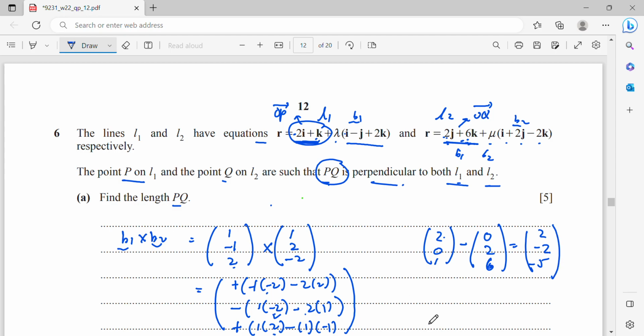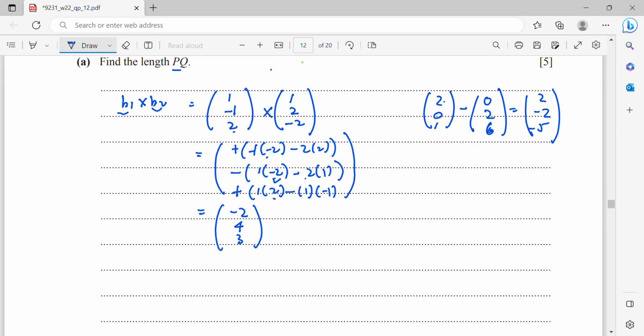Okay, so once I found this, then now I will just write my PQ is the absolute value of minus 2, 4, 3 dot with 2, minus 2, minus 5 that we found here, over the magnitude of the B1 cross B2.